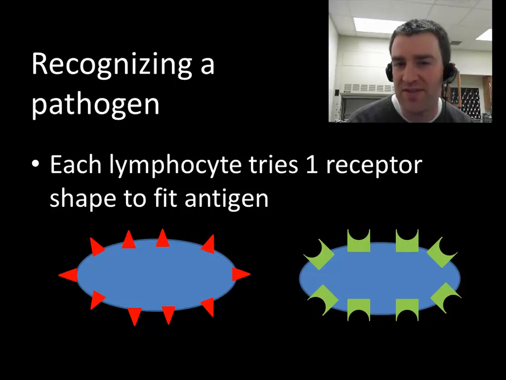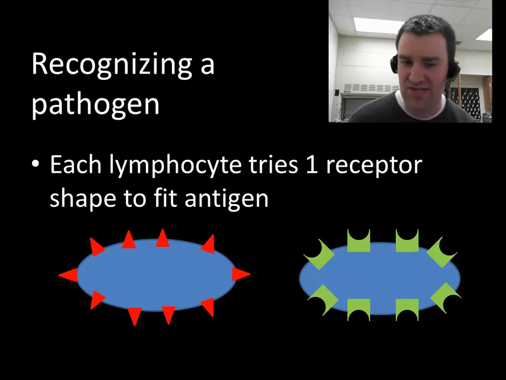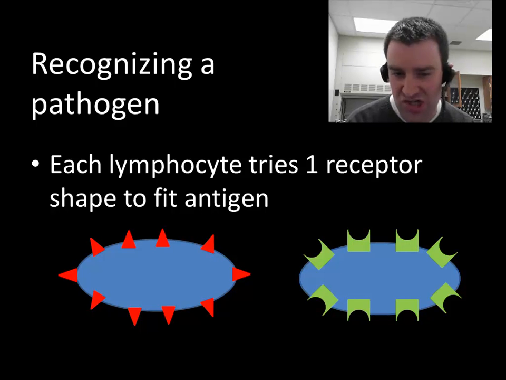What they need to be able to do is find some kind of landmark on the surface of the bad guy. Any kind of landmark on the pathogen, whether that's a virus or a bacteria or a fungus or something else, any kind of marker on its surface that can be specifically identified as belonging to that pathogen, we're going to call an antigen.